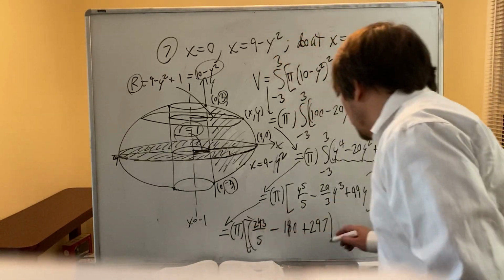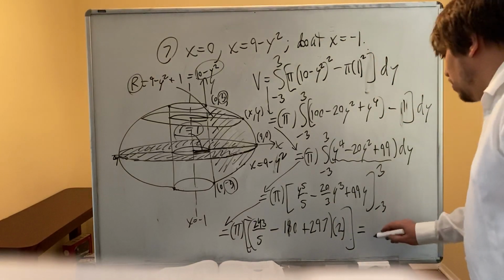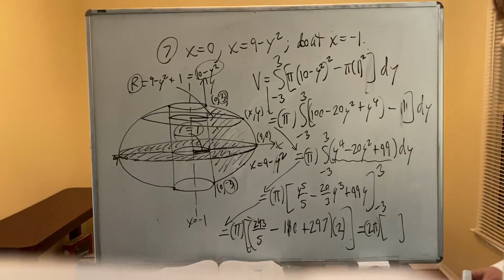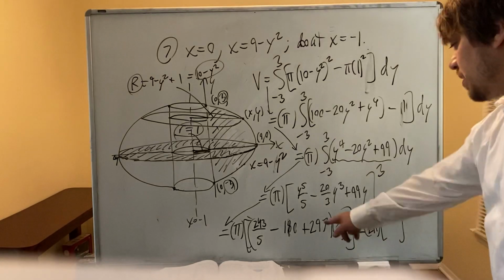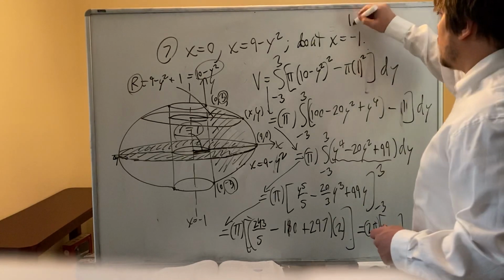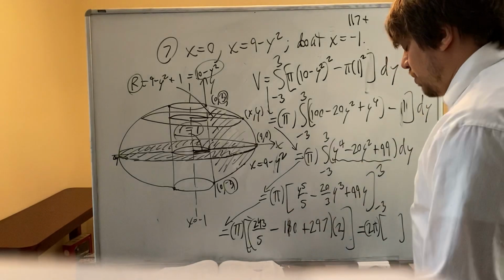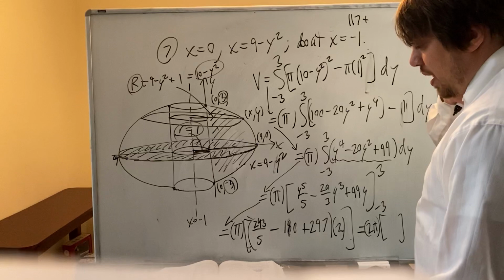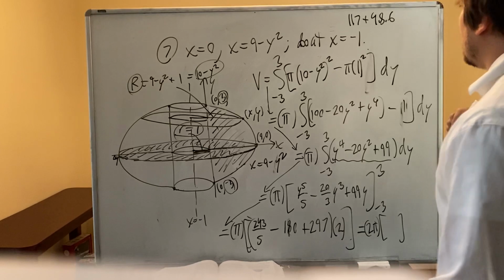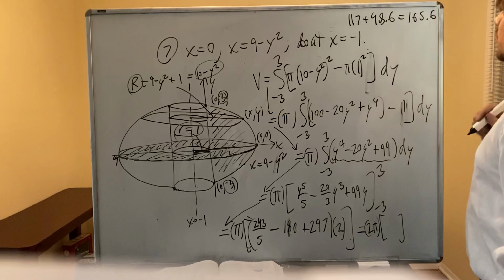So in any case, you calculate this. There's 2 of that. And so let me just do the calculation. This is 2 pi times that, which is 117 plus 243 over 5, which is the same as 48.6. And so this is 165.6.